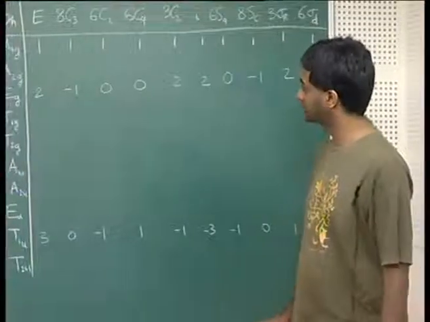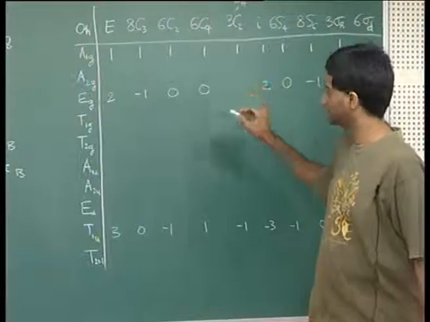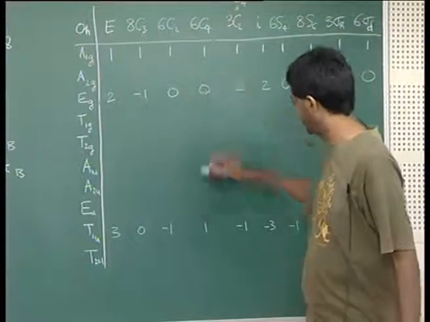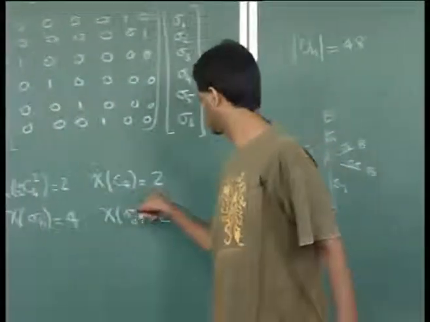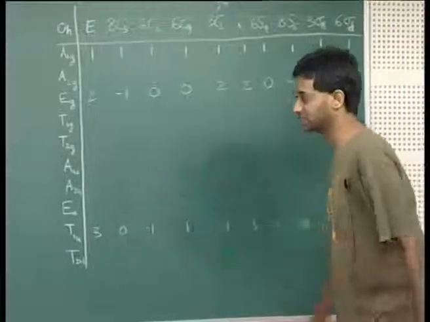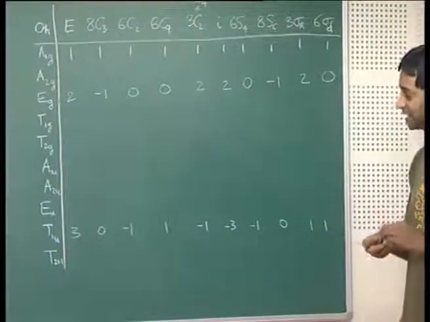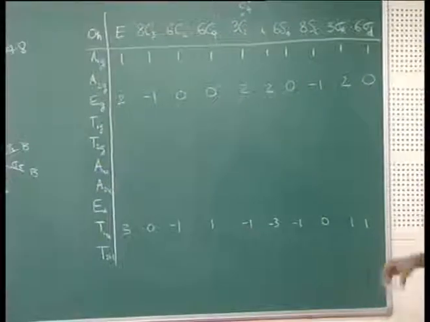For example, if you look at the character of C4, if I add all these characters, I get 2, which is the same as the 2 here. So you can verify using the character table that this is indeed a valid decomposition of this representation.